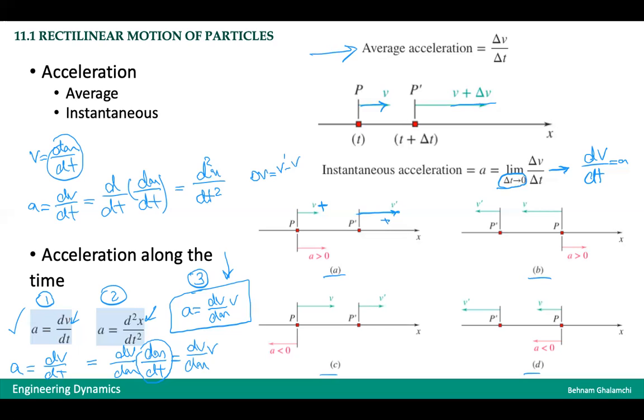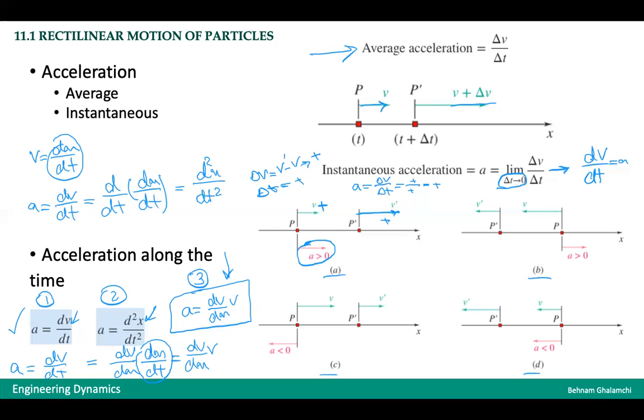We already know that this is a positive value. Delta t is also positive, because delta t is always a positive value. So the acceleration is delta v over delta t, a positive value divided by a positive value. The result is a positive value. So the acceleration here is a positive value.